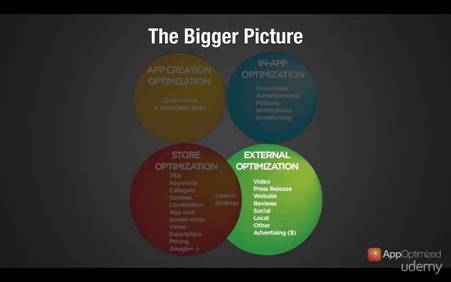I just put in others. But basically, this is optimization that's done outside of the App Store. I labeled it external optimization.